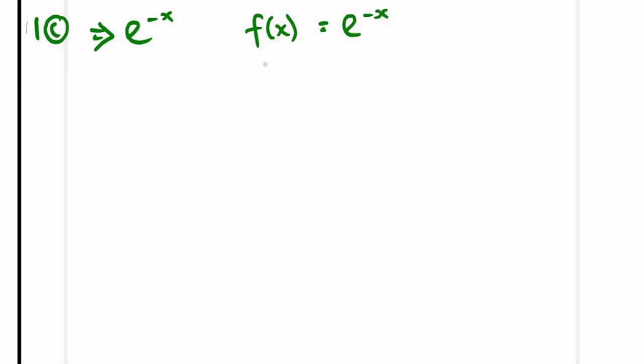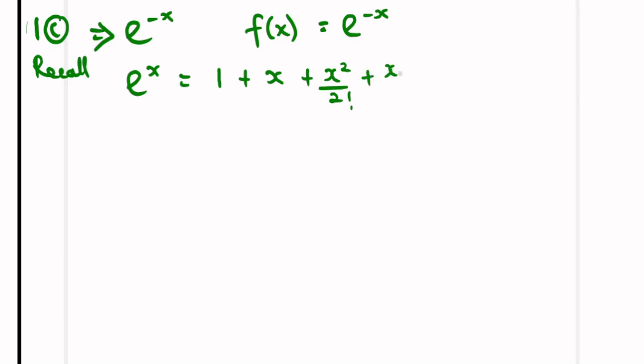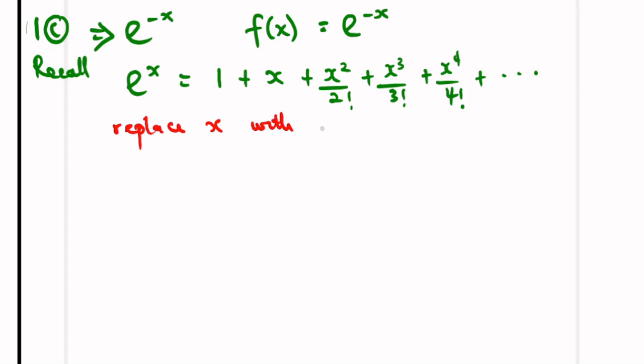So just like I said, recall exponential x is equal to 1 plus x plus x squared over 2 factorial plus x cubed over 3 factorial plus x raised to the power 4 over 4 factorial plus dot dot dot. I'm going to put an instruction by saying replace x with negative x.